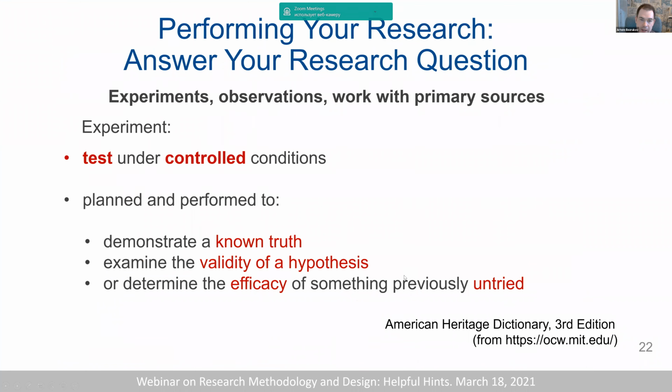Let's proceed to performing research and answering research questions. As for experiments, observations, and working with primary sources, there may be different ways to answer research questions in physical sciences or social sciences and humanities. Focusing on experiment, it's a test under controlled conditions, which is planned and performed to demonstrate possibly unknown truths, or verify a hypothesis, or determine the efficacy of something that you have not tried before.